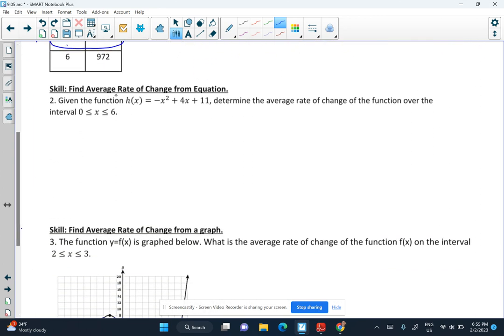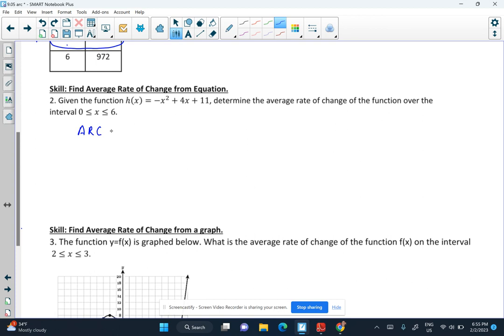We're now going to evaluate the average rate of change from an equation. So we have this equation, h of x is equal to -x squared plus 4x plus 11. And we want to determine the average rate of change in the interval from 0 to 6.